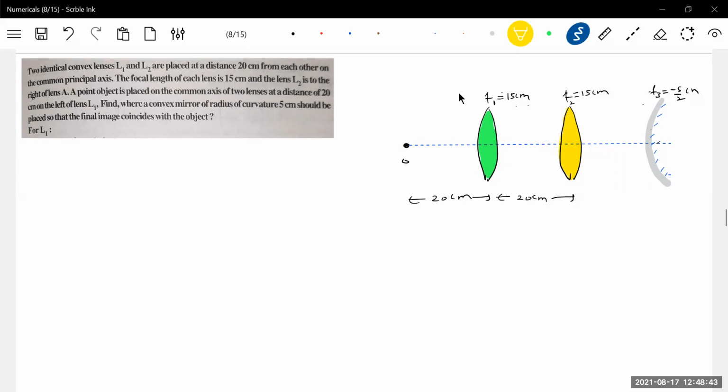Find where. Where means, okay, I'll put it as x. Two minutes you are supposed to solve. That was the challenge here.